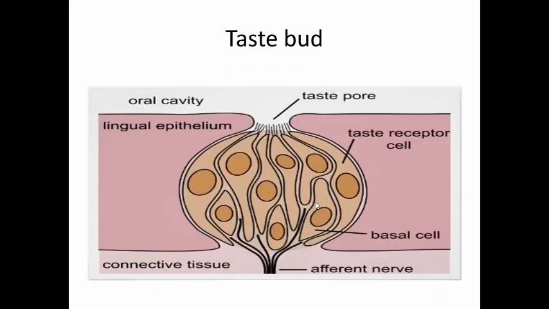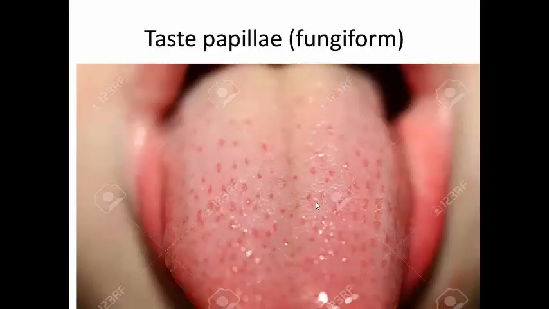In addition to the taste buds, there are important structures present in the tongue in which the taste buds are arranged, which we call the papillae. The papillae, as you see in this picture, are the dark red dots present in the tongue. This is called the fungiform papillae.